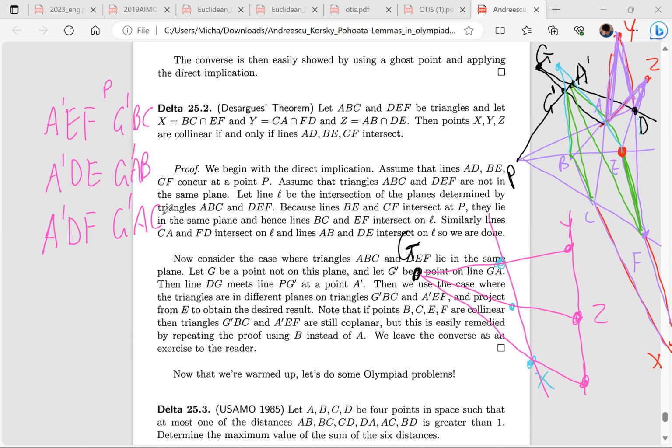So now these are pairs of perspective triangles, perspective about P, and they're not coplanar. Well, they could be coplanar, but that only happens in degenerate cases that you can tweak around. So let's just assume they're not coplanar.